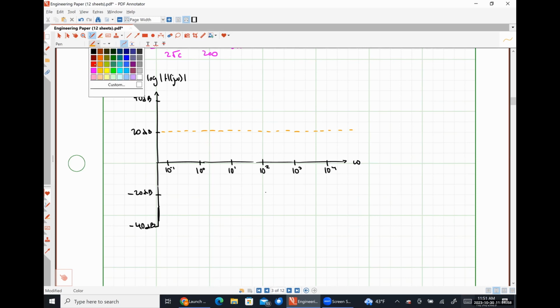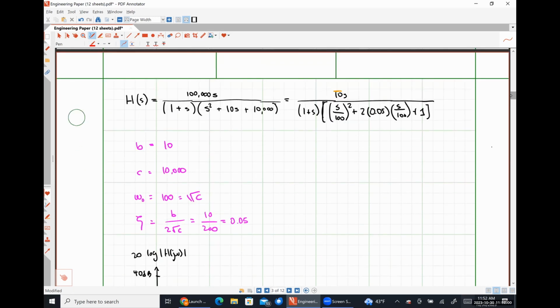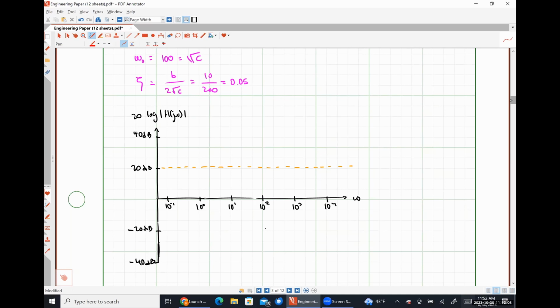Then we have our zero. Let's do that in red, right? So the S by itself. So we should see that it crosses the horizontal axis at 10 to the 0. And it's going to cause an increase of 20 decibels per decade because we're dealing with a zero. So that means we're going to have this line, like so.